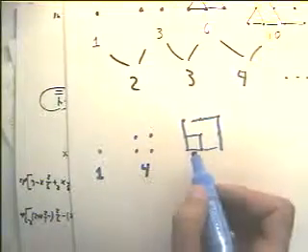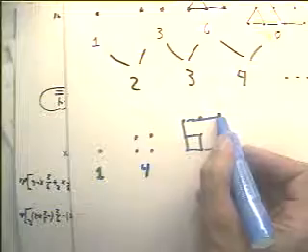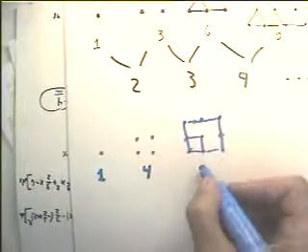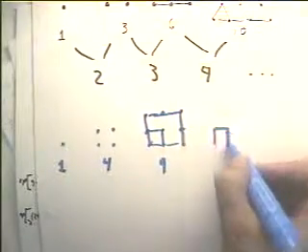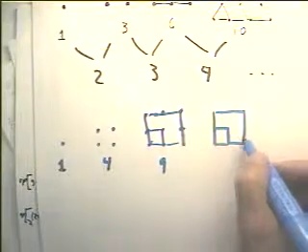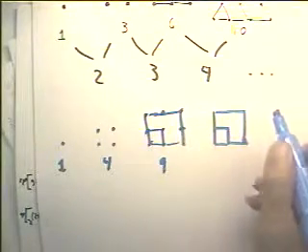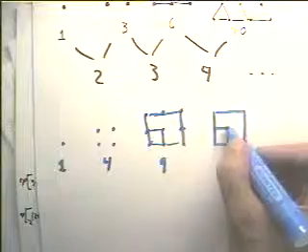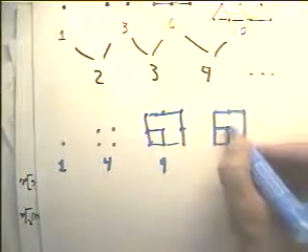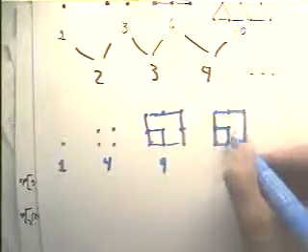We need all these numbers, all these points, to make the sides of the square. So we need, what, 9 points. To make the next square number, if we put a square inside of a square, we're going to have 1, 2, 3, 4, 5, 6, 7, 8, 9 points here.